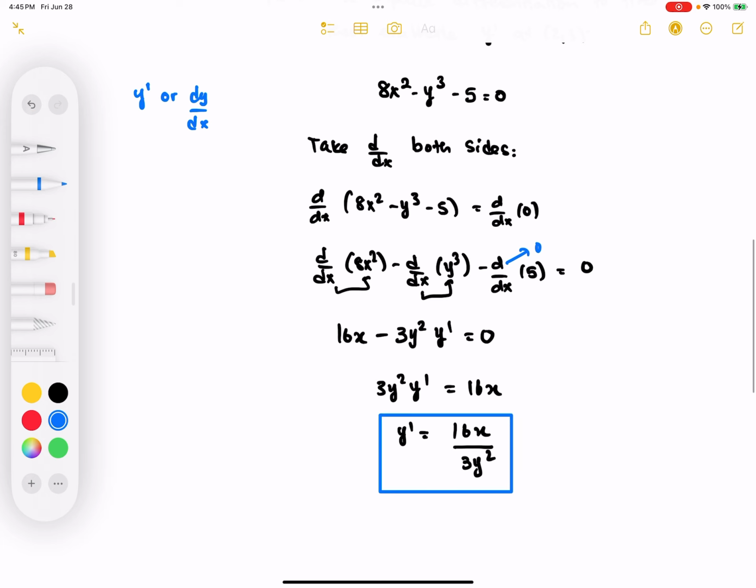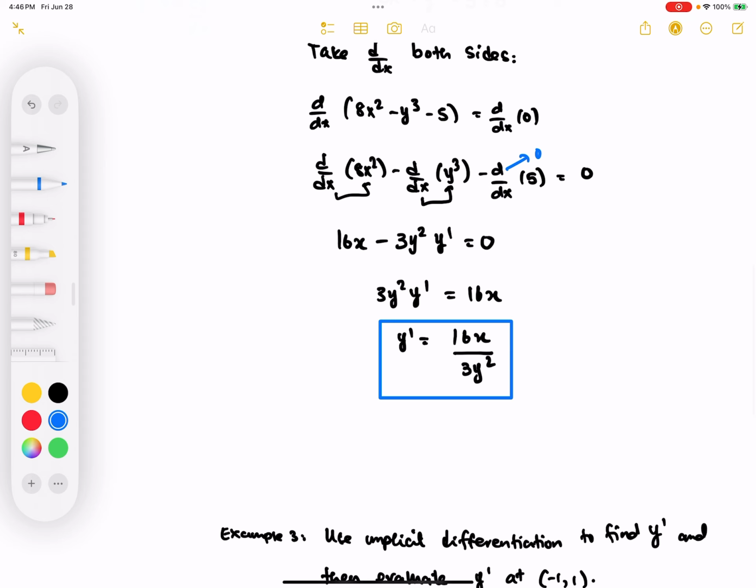Now what is the question now? Evaluate y prime at x is 2, y is 3. Now do you see that the derivative is dependent on both x and y? So 16 times 2 over 3 squared. The top one is 32.